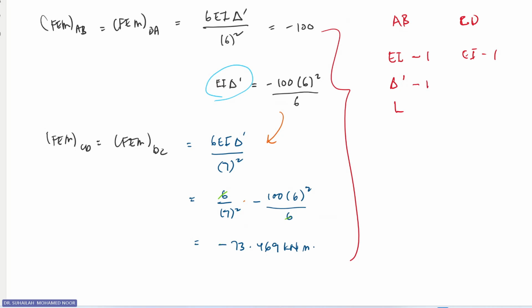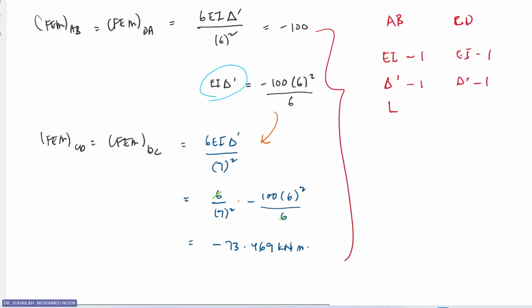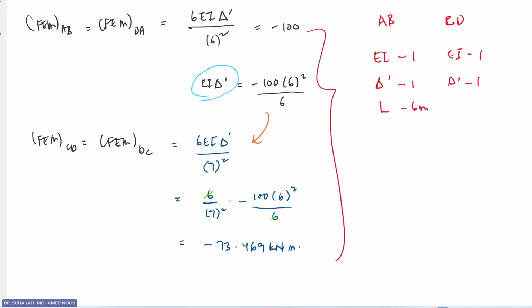Delta prime for CD is also 1. We assume that both AB and CD have the same delta prime, 1. L for AB is 6 meters, and L for CD is 7 meters.